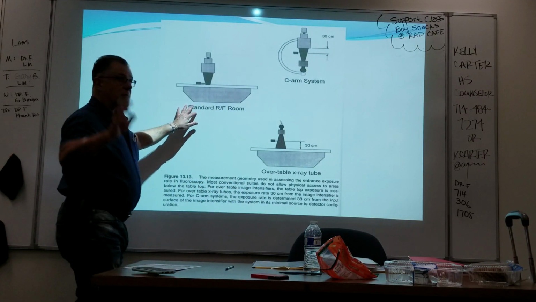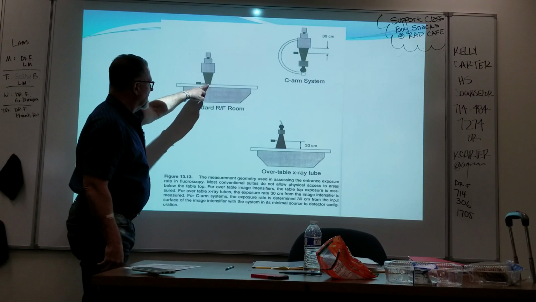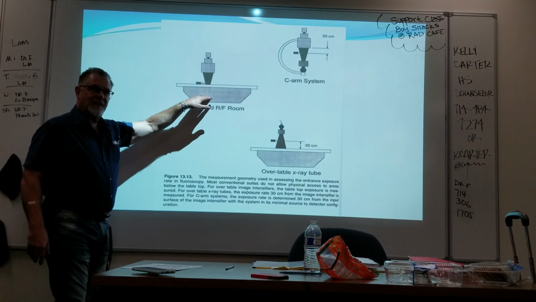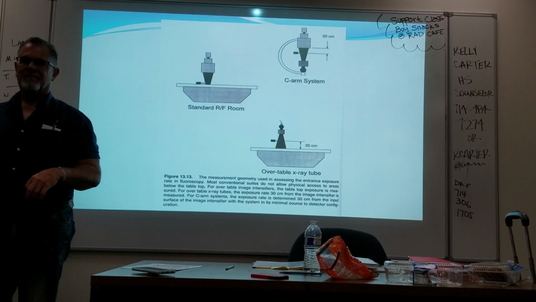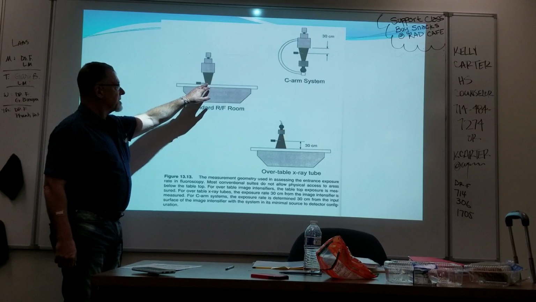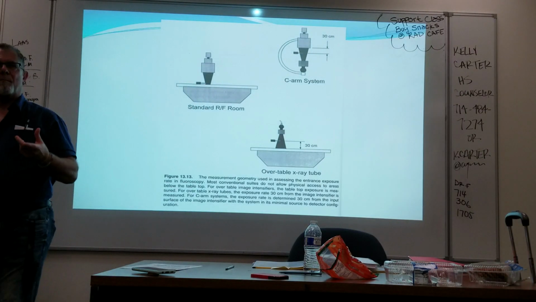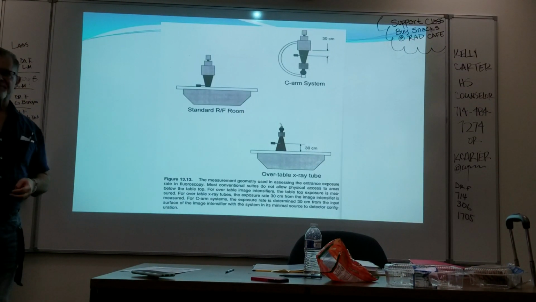For a standard RF room like we have in the back, it's tabletop. The problem here is no detector actually lies flat. So what do you have to do? There's all sorts of fun. Even though this distance from the chamber to the tabletop is only about 2 centimeters, you have to inverse square it.